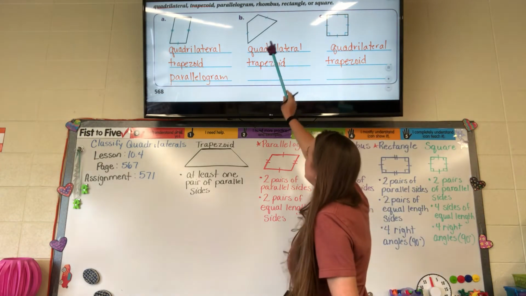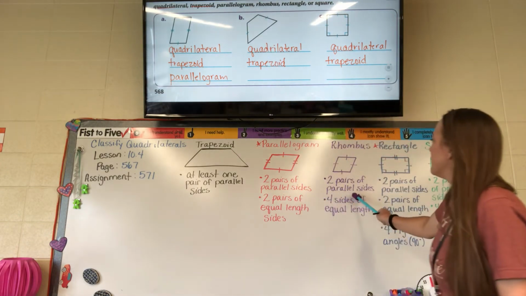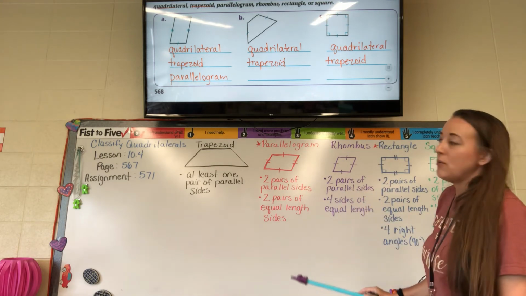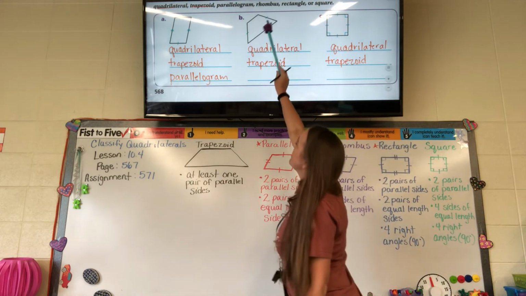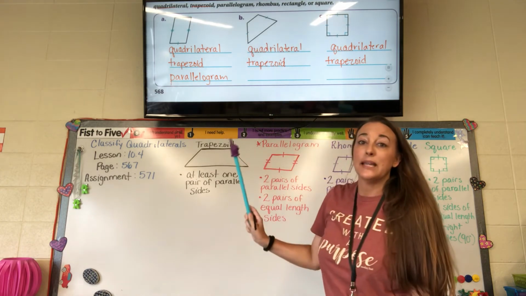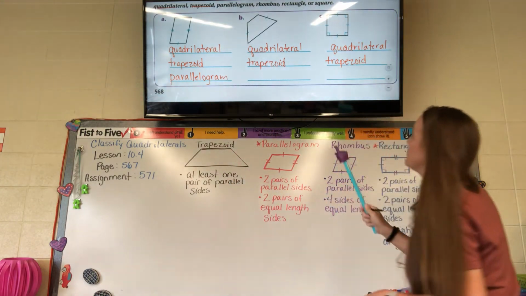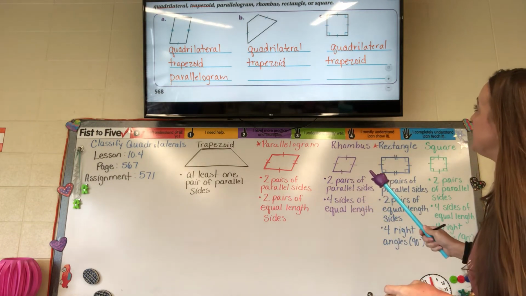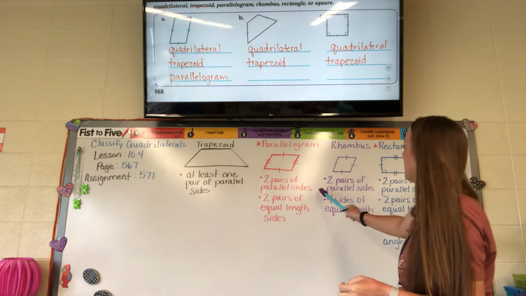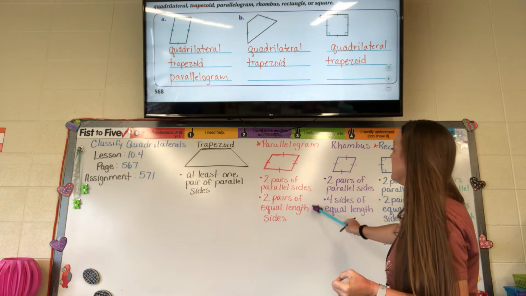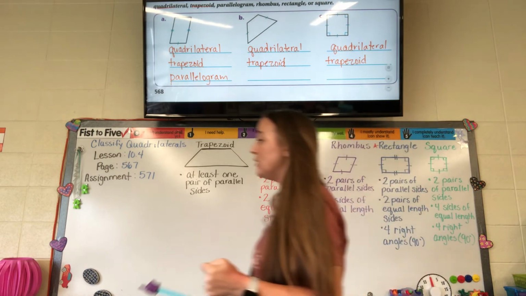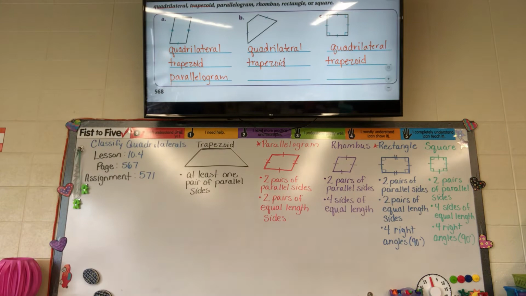Okay. On B, does B have 2 pairs of parallel sides? No, it doesn't, because the sides that are the same length would eventually cross later on, so those are not parallel. Does C have 2 pairs of parallel sides? Yes, it does. Does it have 2 pairs of equal length sides?